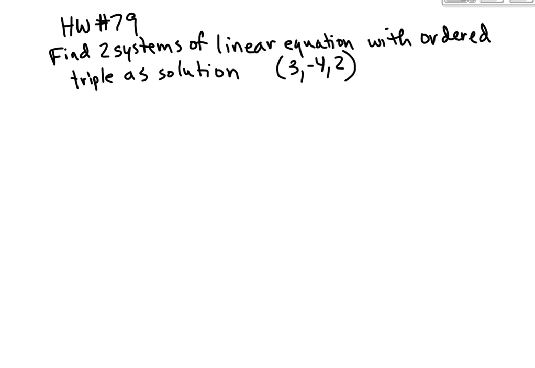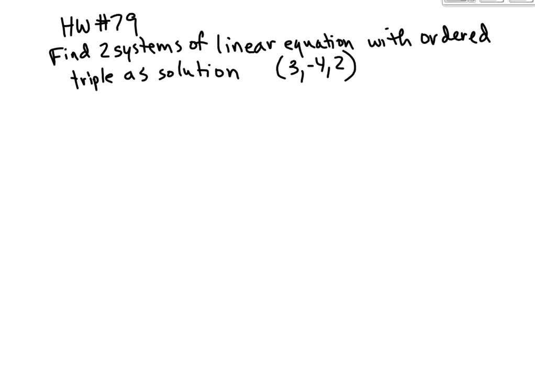So we want to find two systems of linear equations with this ordered triple as a solution, 3, negative 4, 2. And so do you agree that there's an unlimited set of circumstances that we could come up with? I'm not saying we could use anything at all, but there could be all kinds of ways that we could get that as an answer, correct?